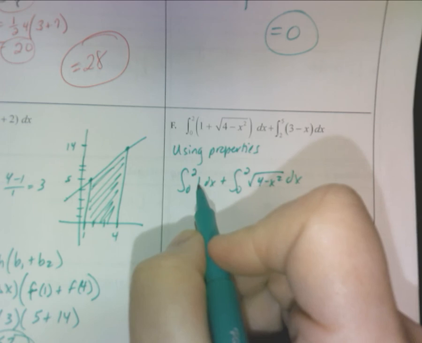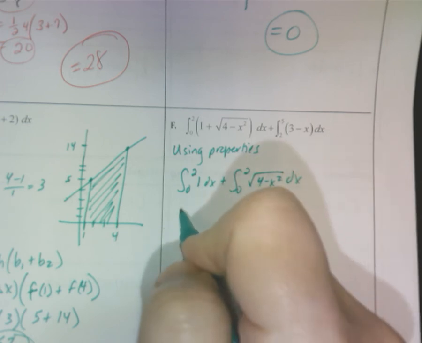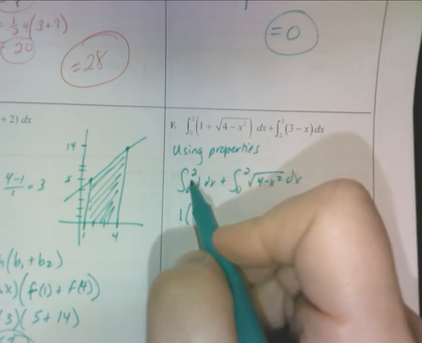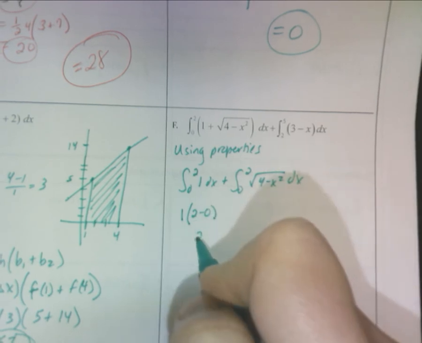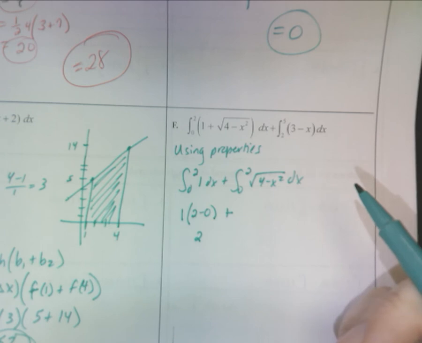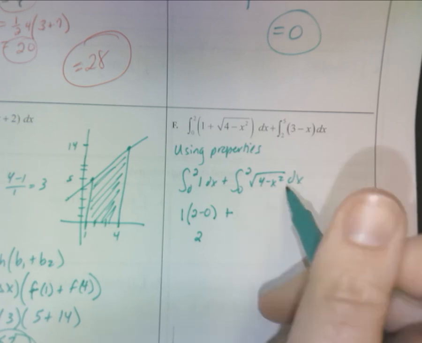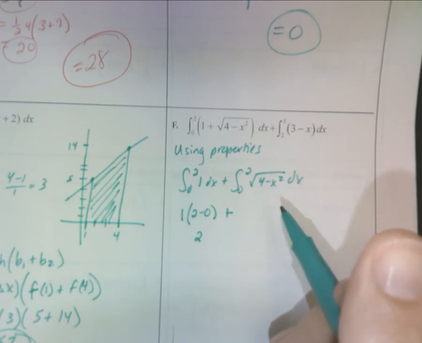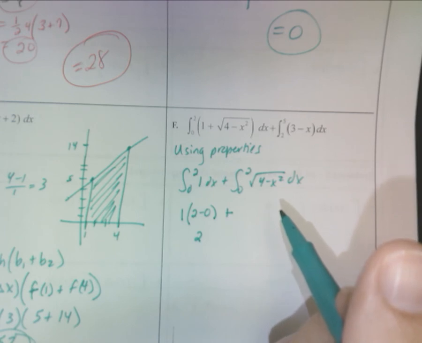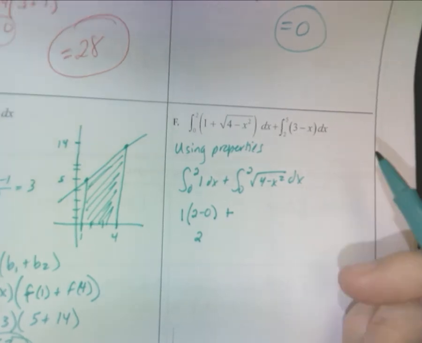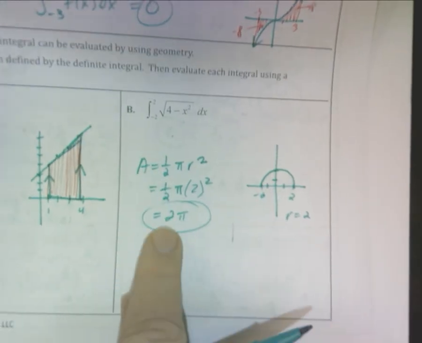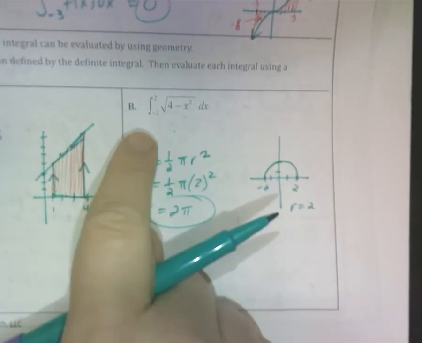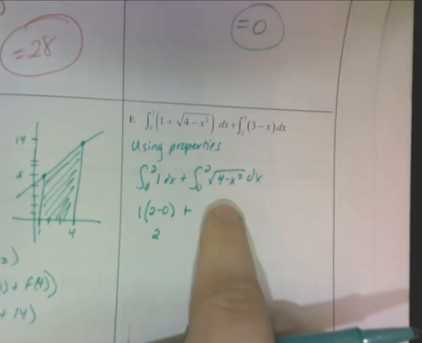Integrating a constant, remember, is the constant times b minus a. So that is just 2. Plus this one we had done from part 1. In part 1, we went from -2 to 2, but we have to go from 0 to 2.